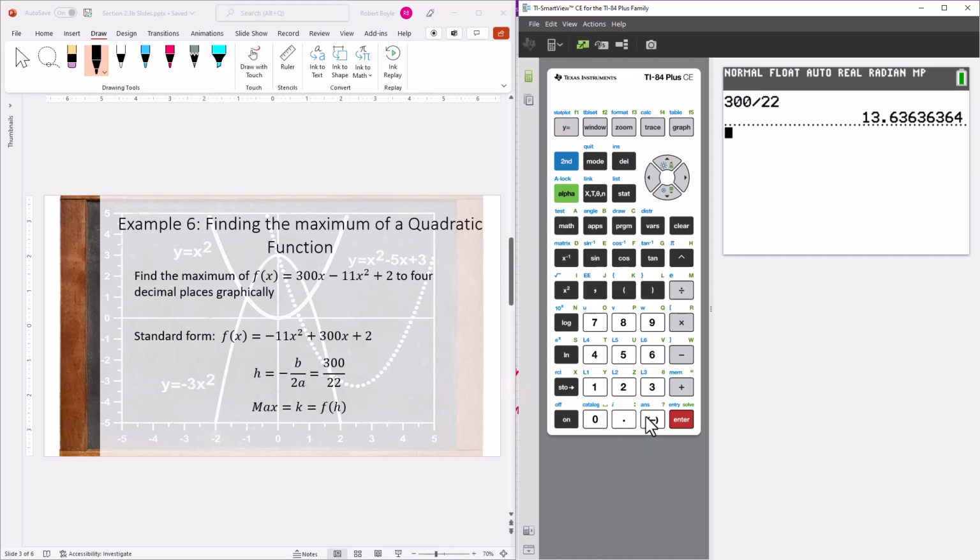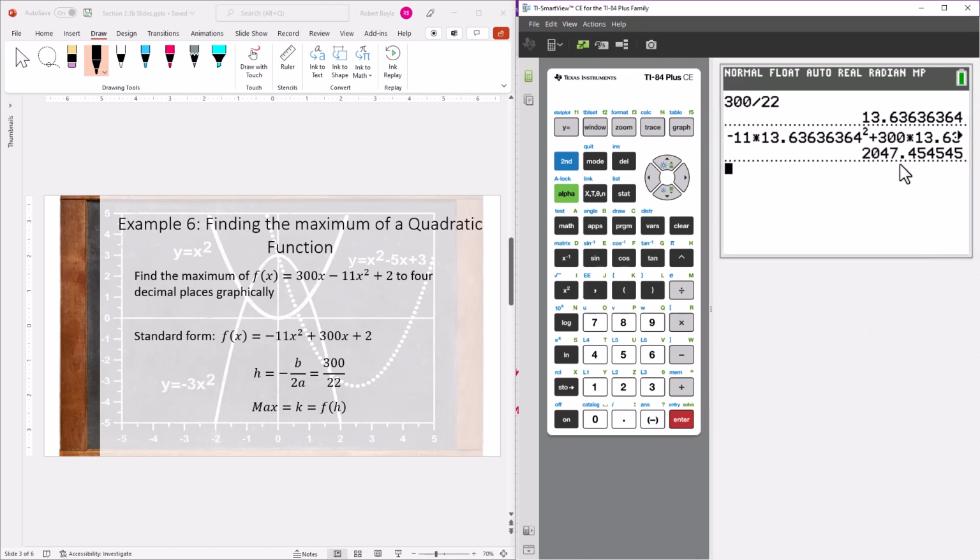So we're going to have negative 11 times, now that right there is the x coordinate for the vertex, x squared plus 300 times, so once again that's x, plus 2.